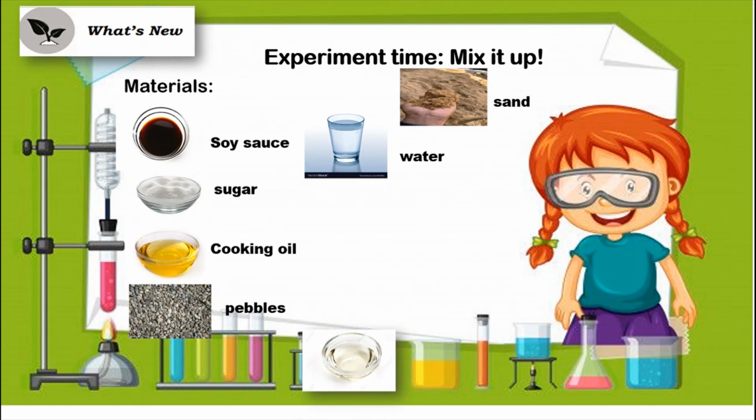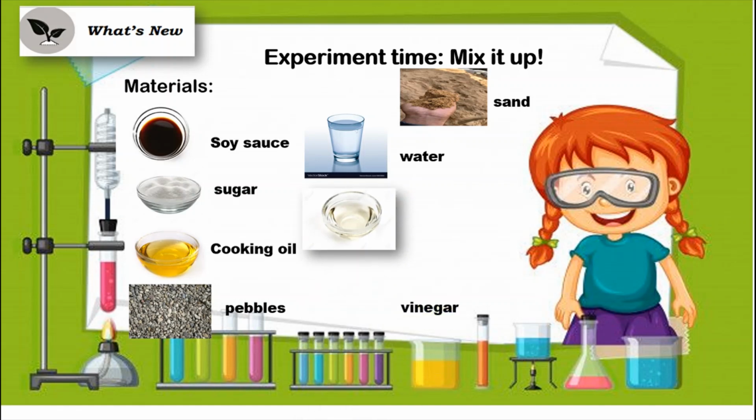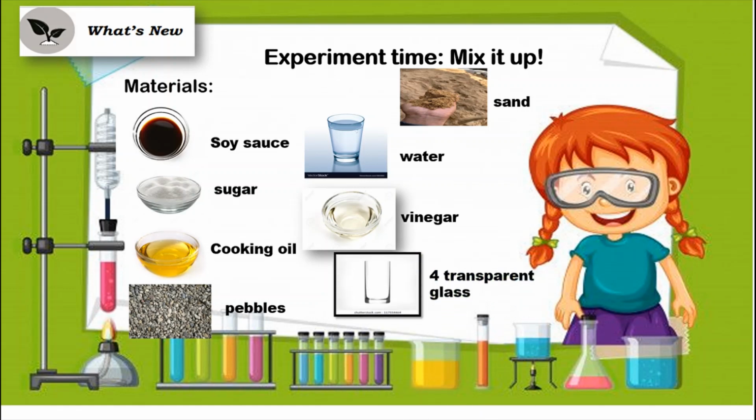Water. And also we have here vinegar. We put sausaw. And you also need 4 transparent glass. So these are the things that we are needed in this experiment time. Okay, so may buhaton na to ani mga materials karon diri.